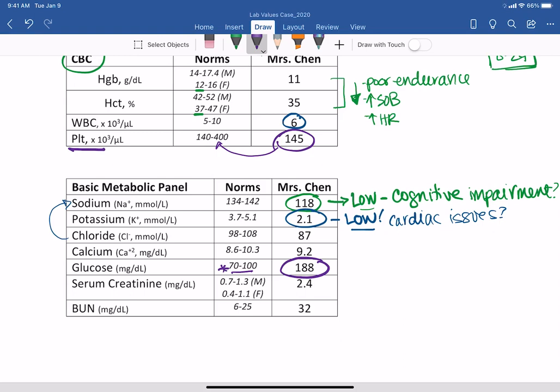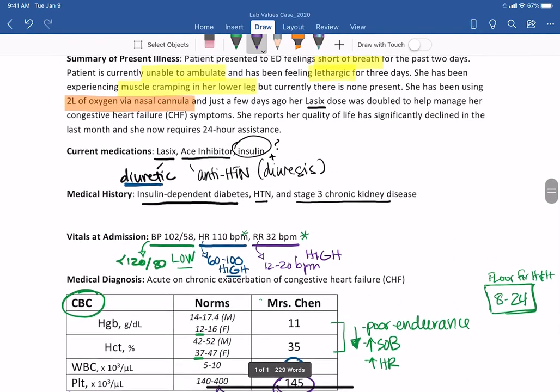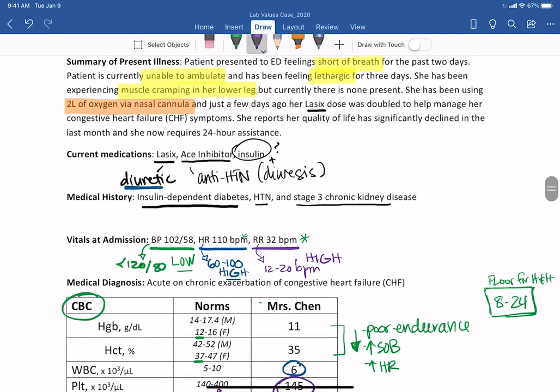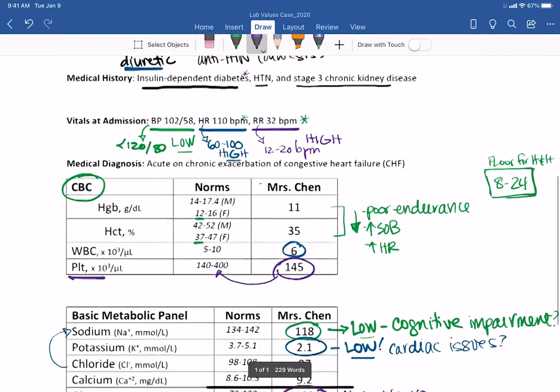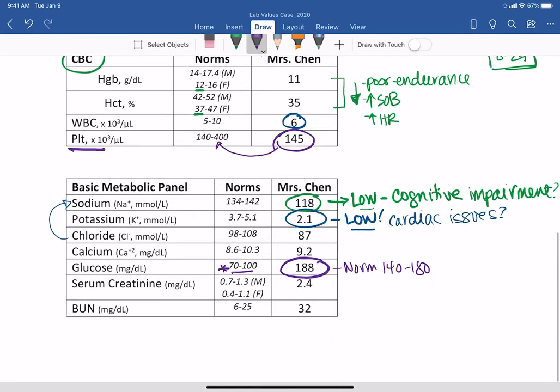And I know that for hospitalized patients, the norm is 140 to 180. So she's still above that. I said I wouldn't do diagnosis, but I think you guys are familiar enough with this one. She is a diabetic as well. So this is high. Maybe they're adjusting insulin to try to figure out new dosing, considering that she's under stress.